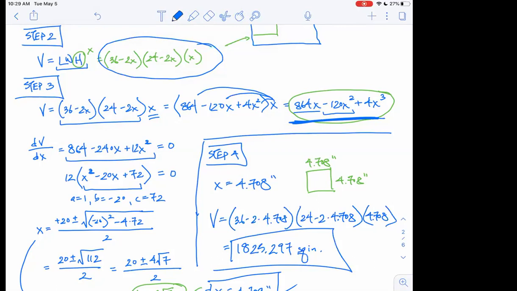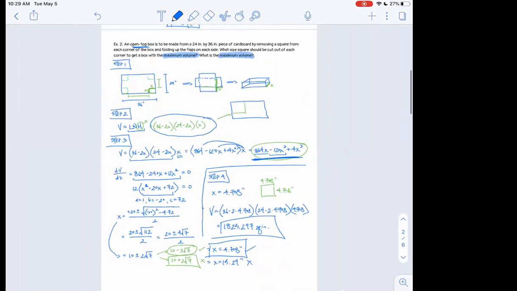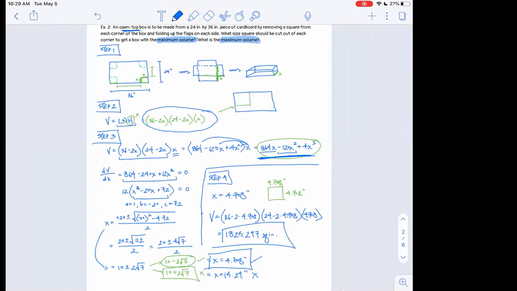Yep. Okay, got at least one yes, that's good. So have I fully answered the question? Yes, I've got the dimensions of the square and I've got the maximum volume.